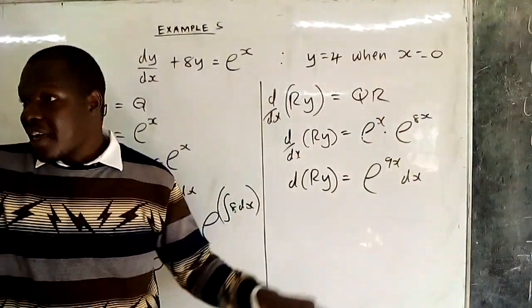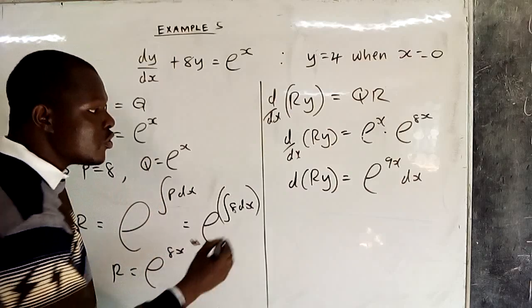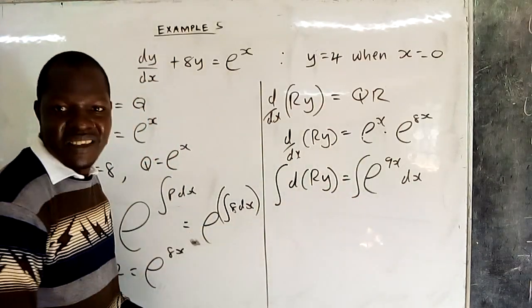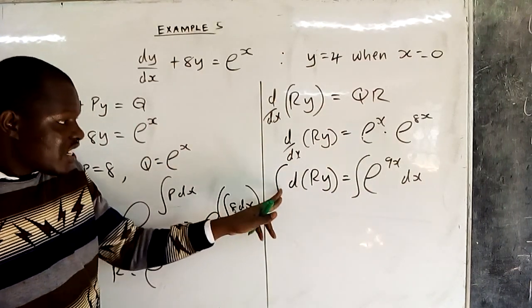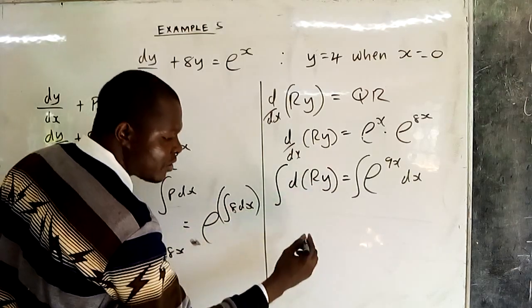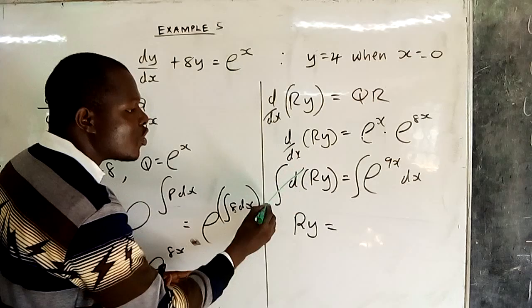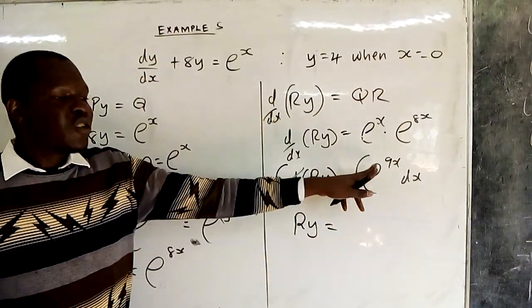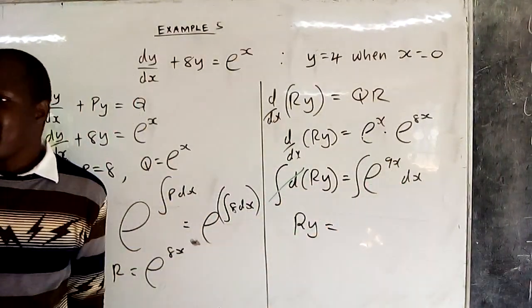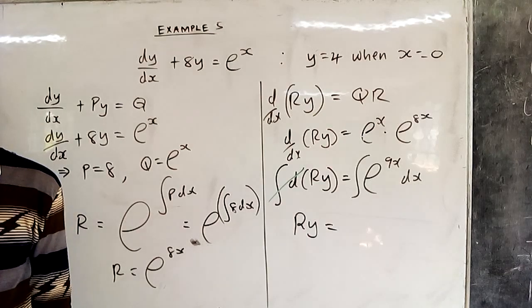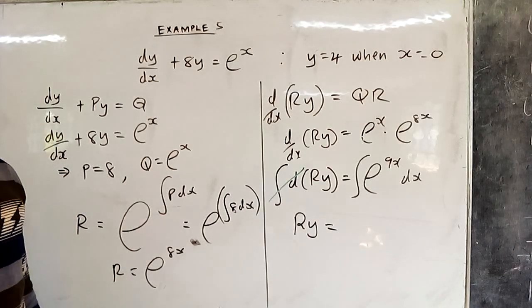Then you've taken dx the other side, isn't it? Yes. Then you introduce the integral. Are we together? Yes. So this integral goes with the d. What do you remain with? You remain with ry, because that one goes, isn't it? You remain with ry equal to, you are integrating an exponential function. When you integrate an exponential function, it remains the way it is, isn't it?